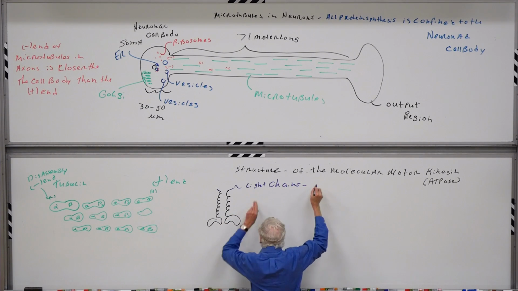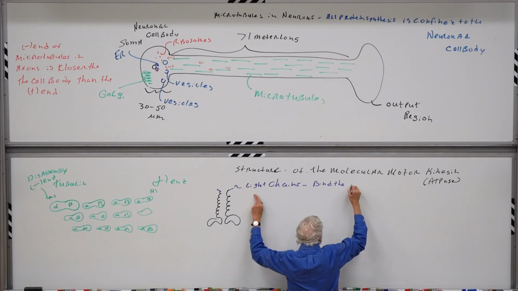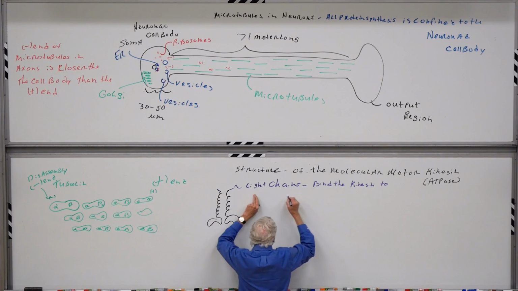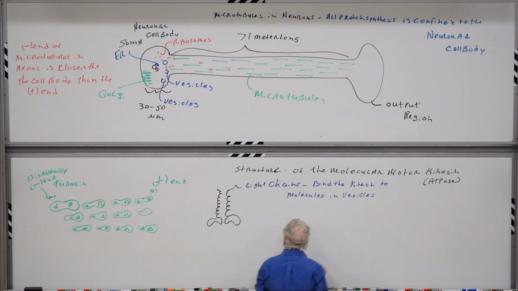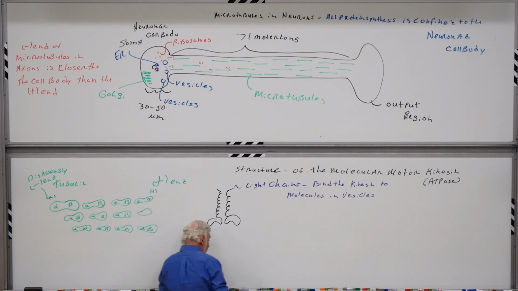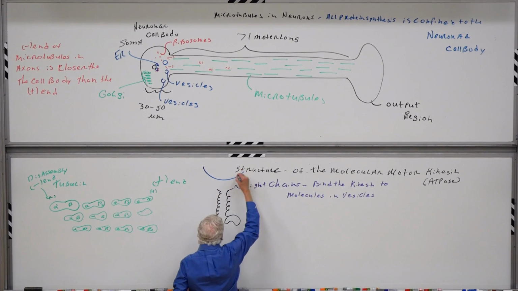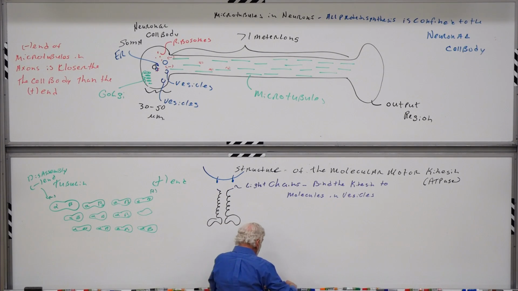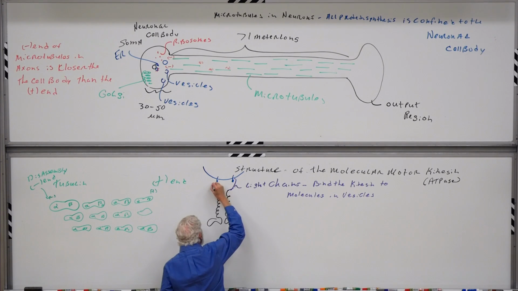The function of the light chains is to bind the kinesin to molecules in vesicles. So there'll be transmembrane proteins in the vesicles. So again, here's our blue vesicle. There are probably transmembrane proteins here, which will bind to the light chains.